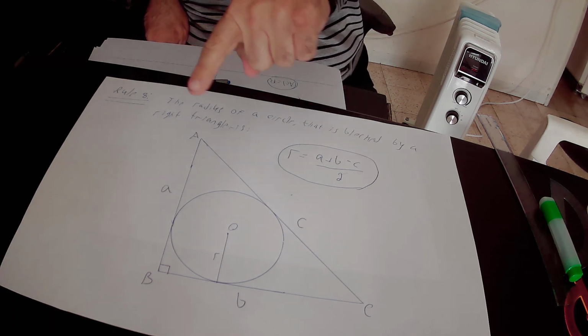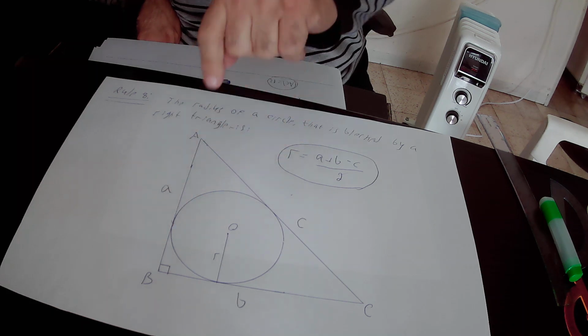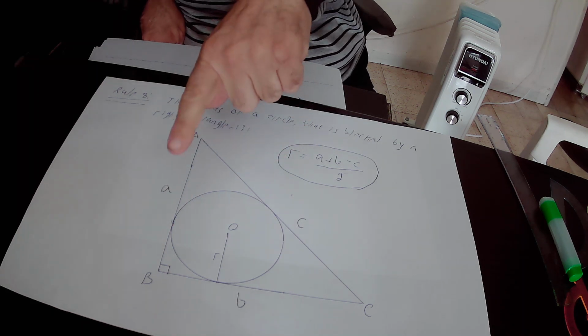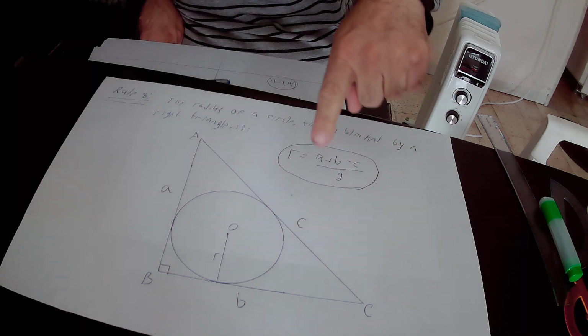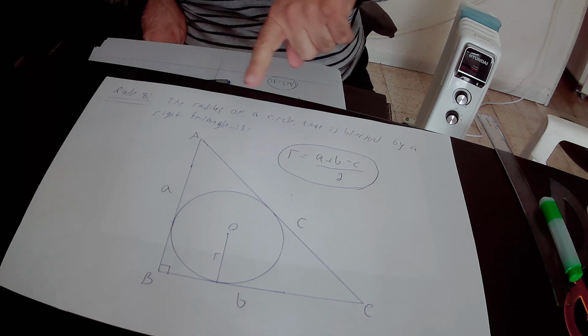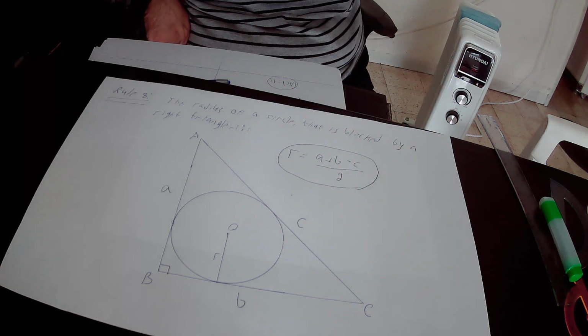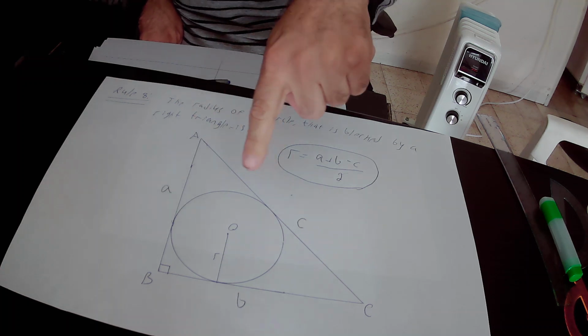We have the right triangle ABC, angle ABC equals 90 degrees. The length of side AB is A units, side BC equals B units in length, and the length of the hypotenuse AC is C. Again, the radius of this circle is R.